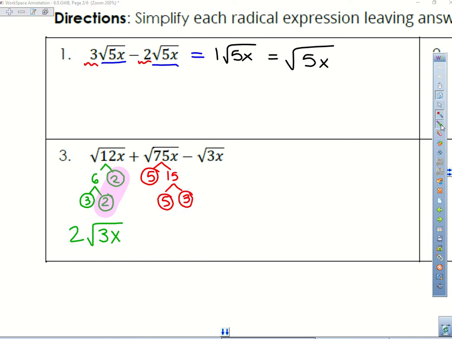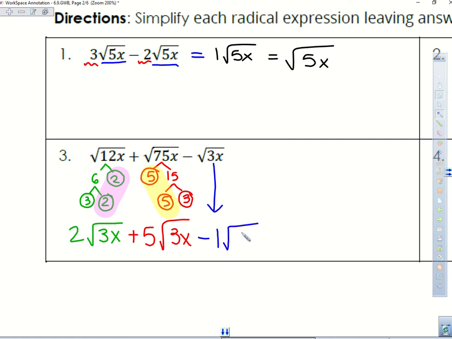I could have still done it, but just so everybody can see it better. So these are the 5s that are paired. So it's going to be plus 5 radical 3x. Everyone with me on how we got that? And then this one can't be simplified, so I'm just going to bring it down, and I'm going to rewrite it as minus 1 radical 3x.